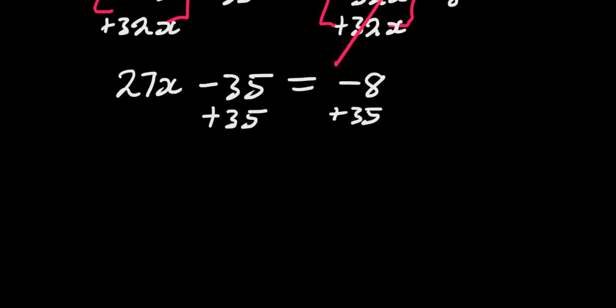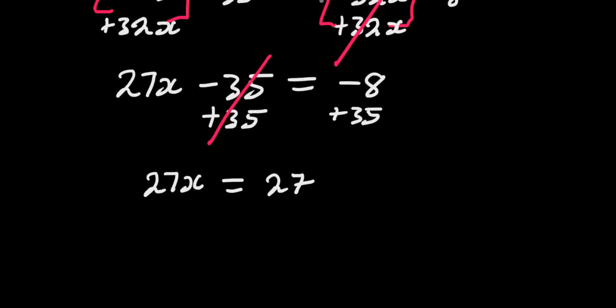Negative 35 plus 35 is 0. Strike this from here. And 27x is equal to negative 8 plus 35, and this, of course, will give us 27.